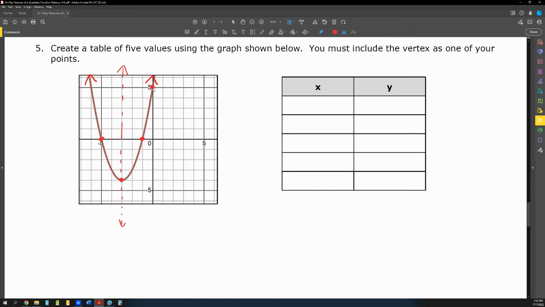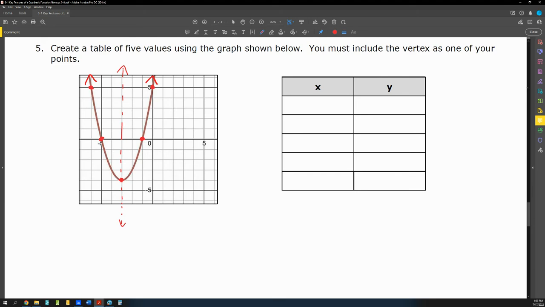All the way up here, this is 3 away from the axis of symmetry and has a y value of 5. So that tells me that this point here also is on a lattice point. It crosses the grid line really nicely. So that gives us our 5th point. And that's due to the symmetry of quadratic equations or parabolas.